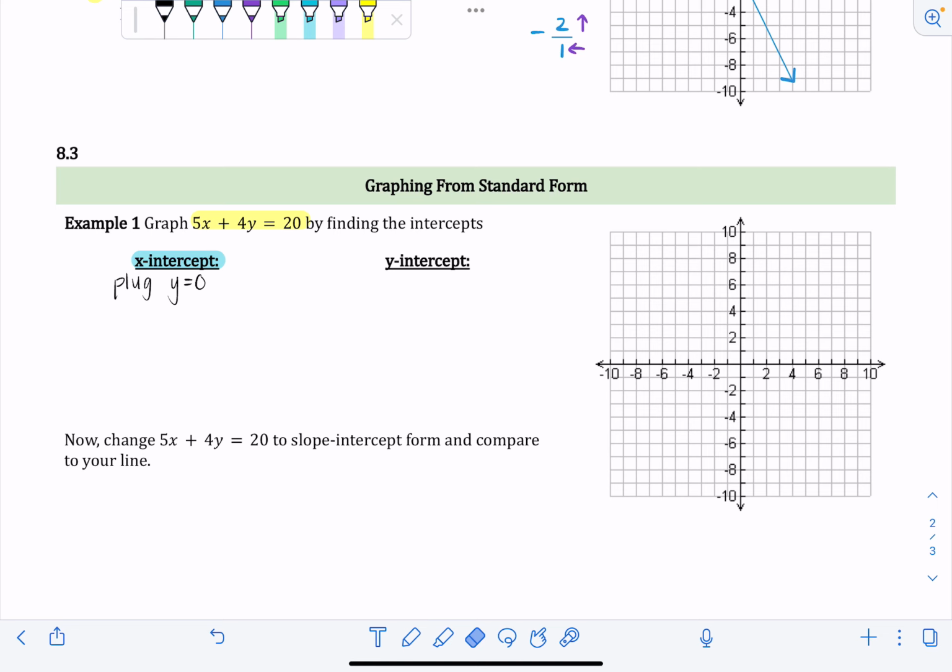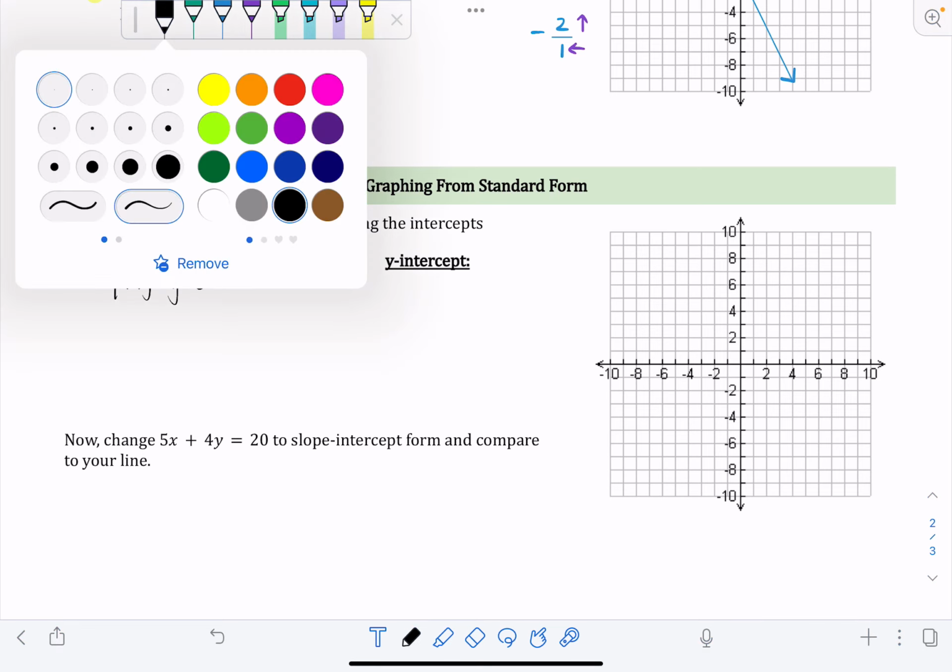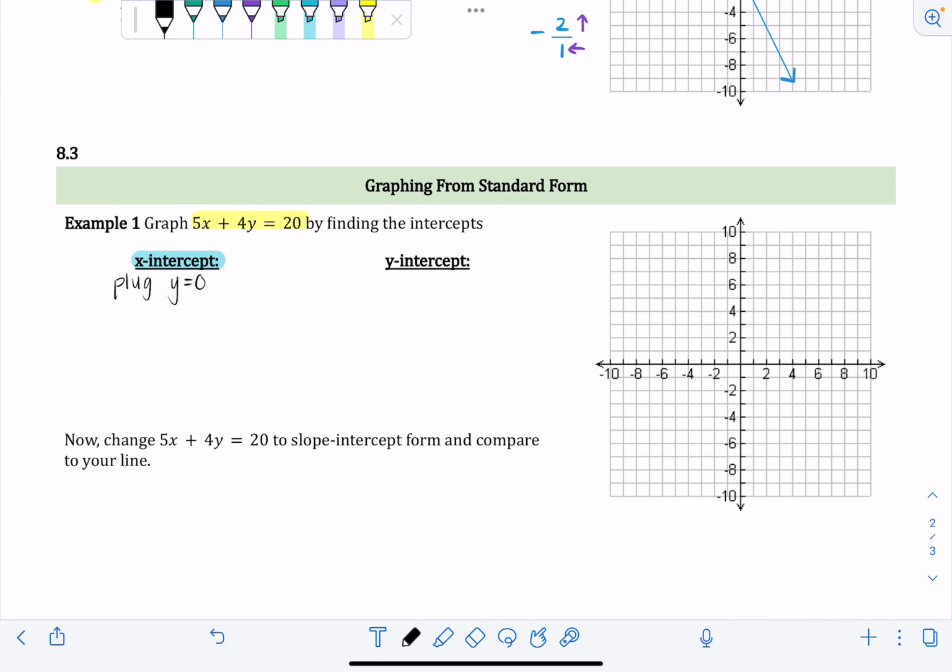So we just have to plug in y equals 0 into the equation that we're given. We'll put that 0 right here for y, so it'll be 5x plus 4 times 0 equals 20. And now we solve that equation for x. So 5x, and then 4 times 0 is just 0.